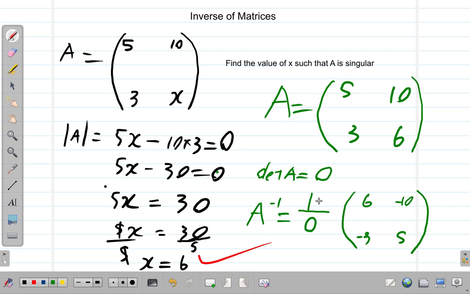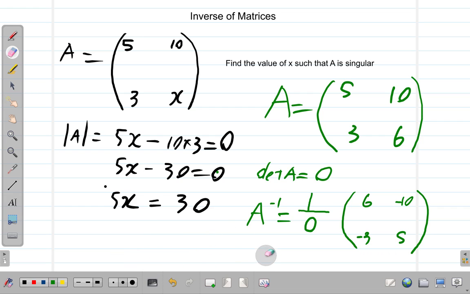Now, I've done a video before explaining why you cannot have a number divided by 0, but let's review that here since we're at it. You cannot find 1 divided by 0. If you try to use any computer, no matter how powerful that computer is, it will give you an error message.